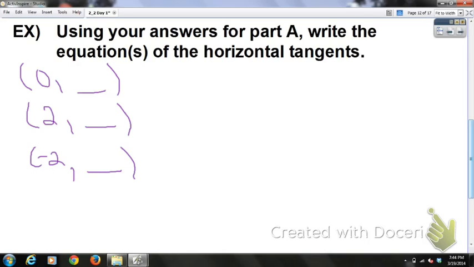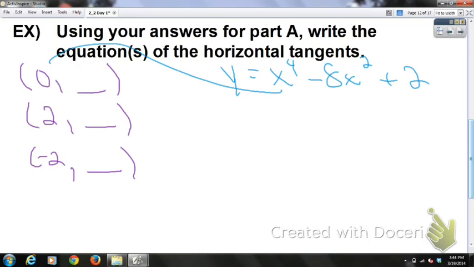So we're going to take our x values and plug them back into our original function. So our original function was y equals x to the fourth minus 8x squared plus 2. When I plug in 0 for x, I then get my y value is equal to positive 2.